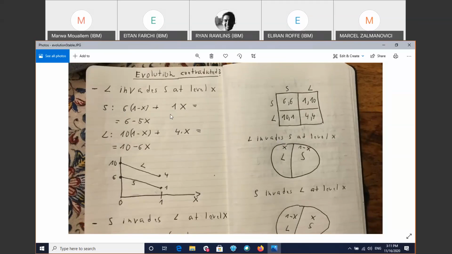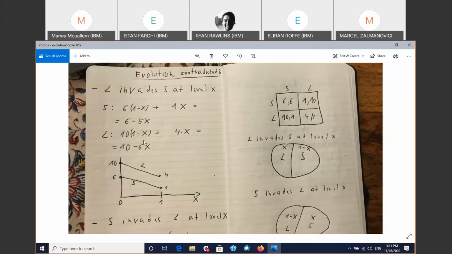Yes. Okay. Now, what is L going to be doing? So with probability 1 minus x, L is going to meet a small. So we're going to have LS, and L is going to get a 10.